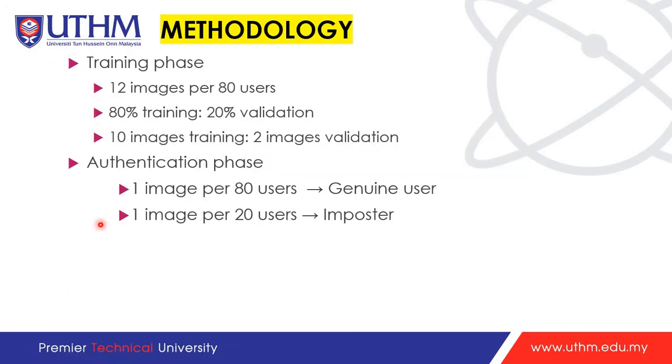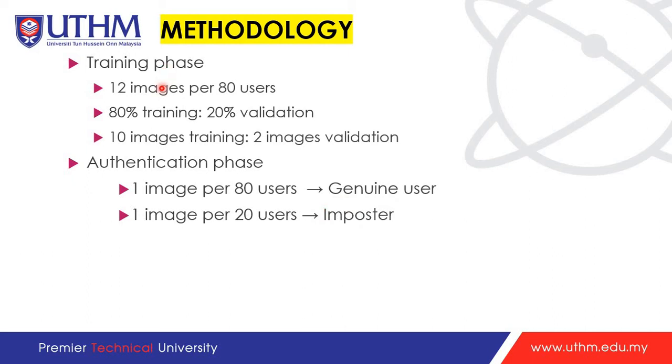And then for the training or the enrollment phase, we will use 80 users only as genuine or registered users, while users 81 to 100 were treated as imposters or unregistered users.